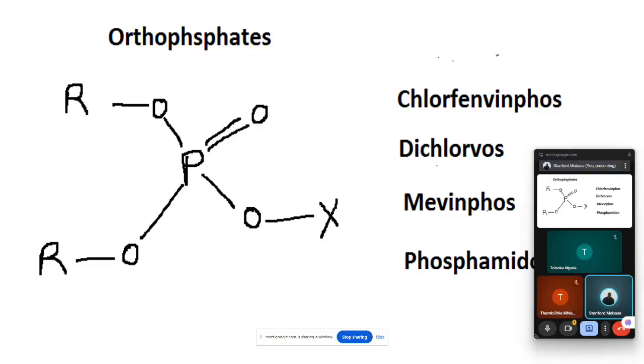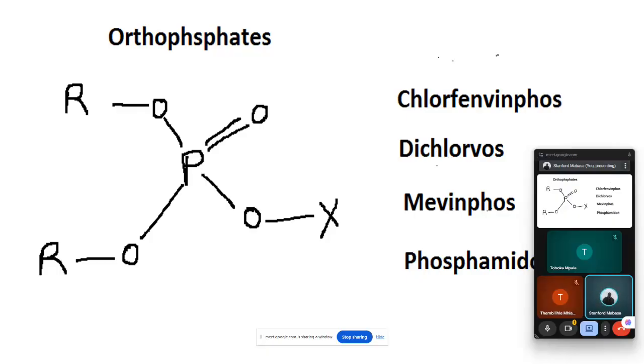Now let us have a look at the examples of organophosphates. Probably you may have come across some of these insecticides. The first group is known as the orthophosphates. What is key is that you have your central phosphorus atom joined to 4 oxygen atoms, and you have the other groups representing either methyl or ethyl.